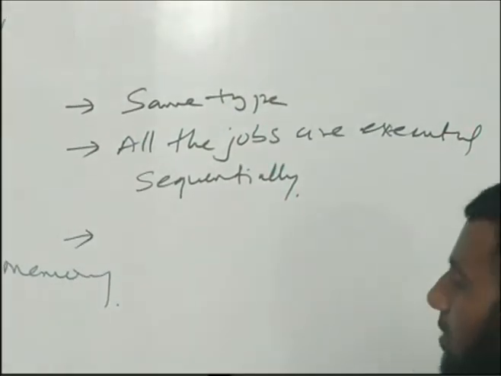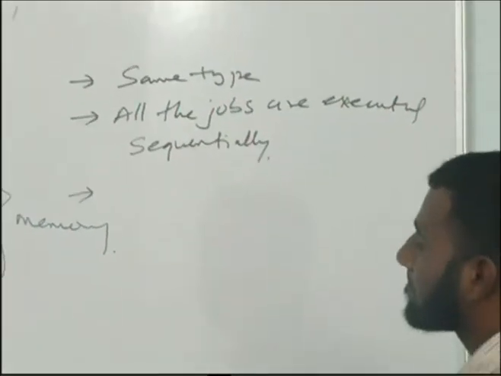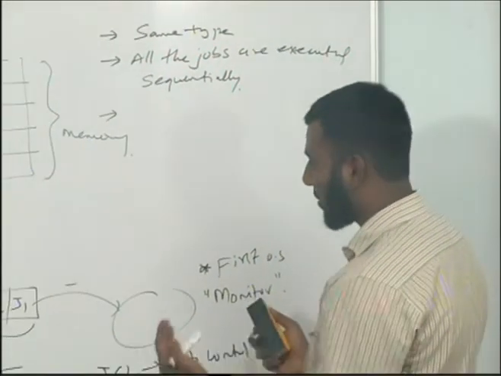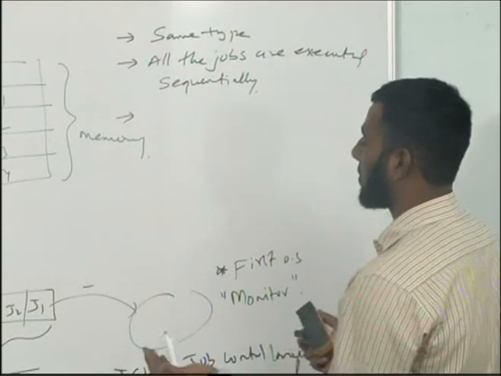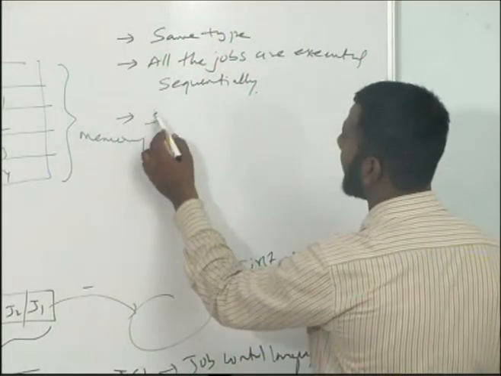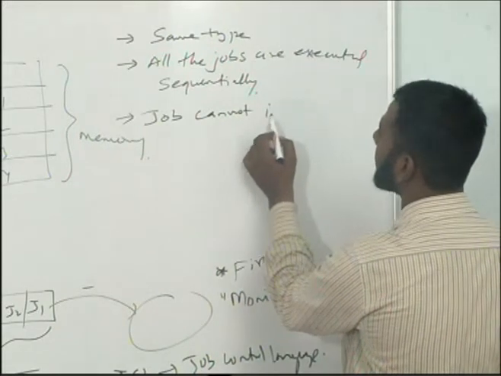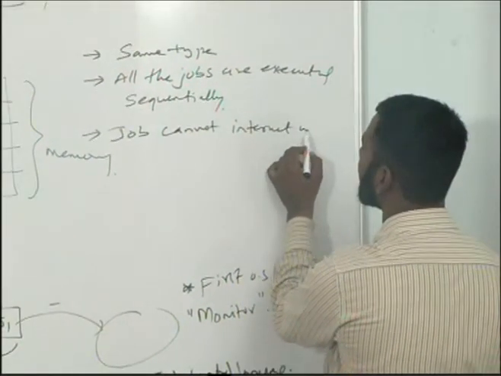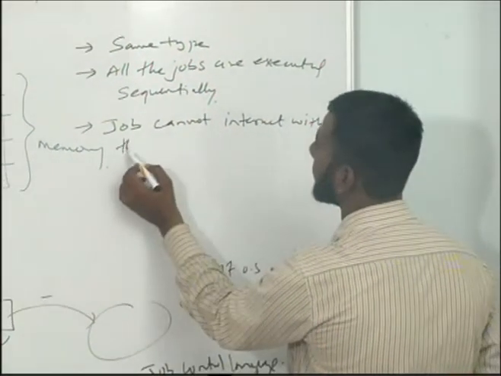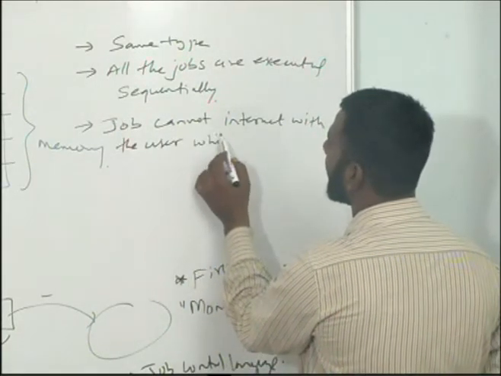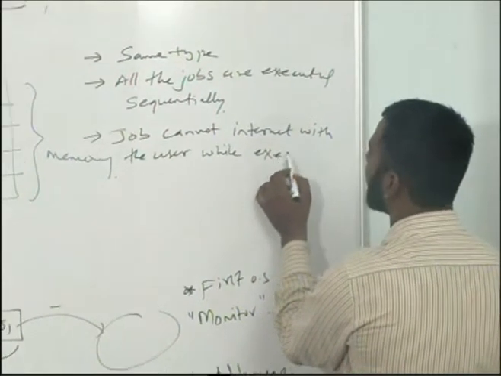And the third problem with this batch processing is, when a job is executing, it cannot interact with the user. Okay. Job cannot interact with the user while executing.